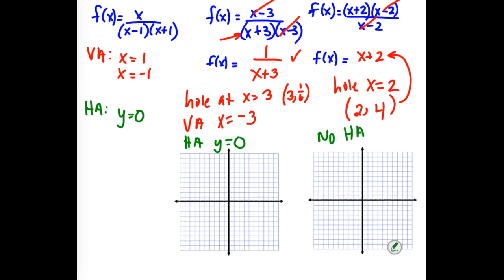Now, what the graph is going to look like when you have a hole, you're going to look at your basic simplified function. So I'm going to look at this version. How would I graph that? Do you remember from yesterday when you graphed y equals 1 over x? We had the 2 branches in quadrant 1 and 3. Which way have we shifted this?